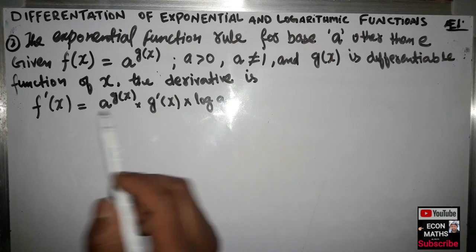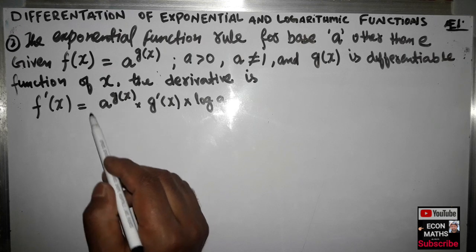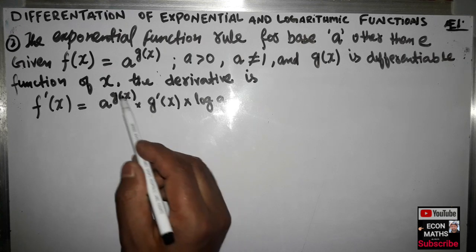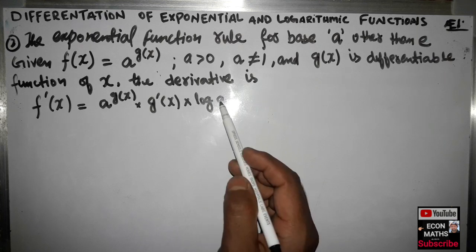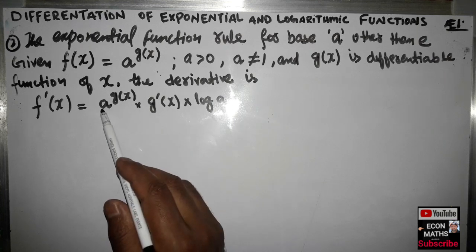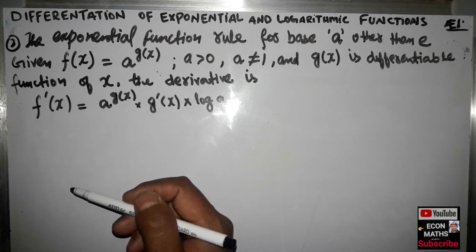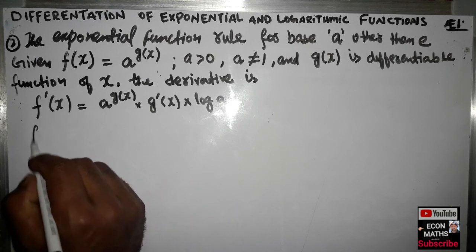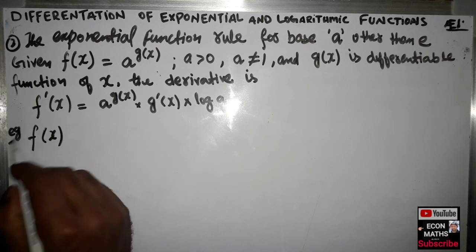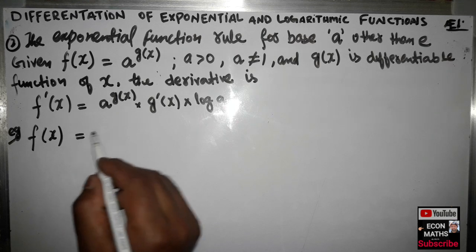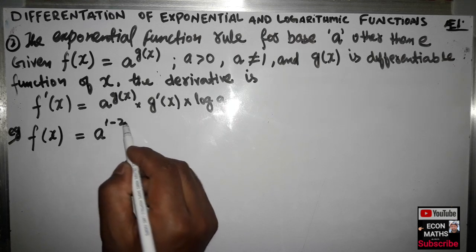That means the derivative of this function is equal to the original function times the derivative of the exponent times log of a. Now we will write another example. If we have f of x is equal to a to the power 1 minus 2x.